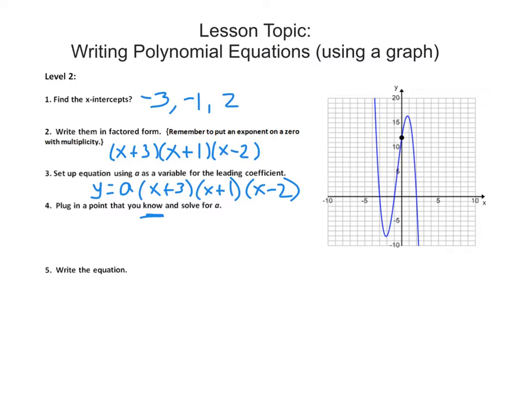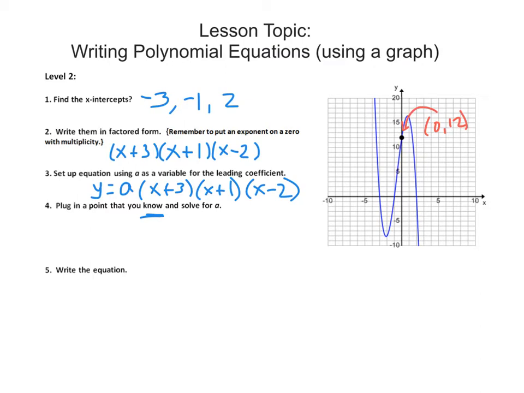All right, now, the one that I provided right here is the y-intercept, and that makes it work out pretty handy, and I'll show you why. So we have (0, 12) as our point there. So we're going to go ahead and plug a 0 in for x and a 12 in for y.